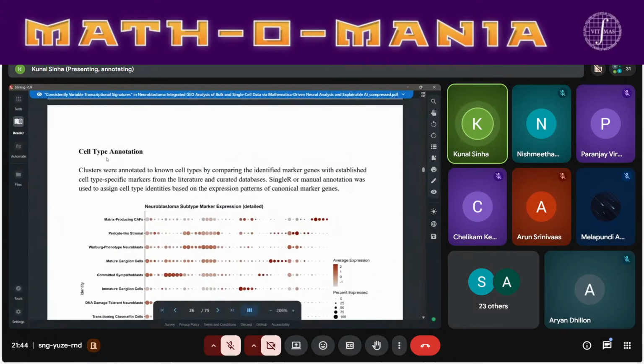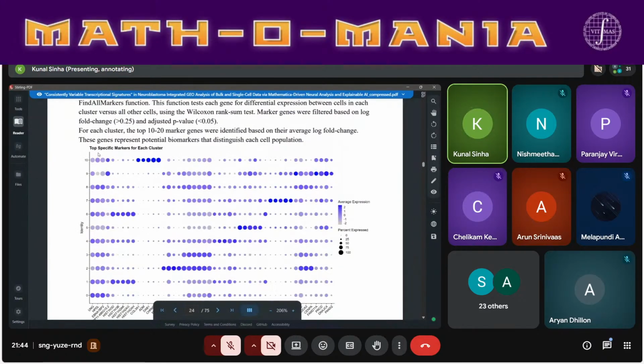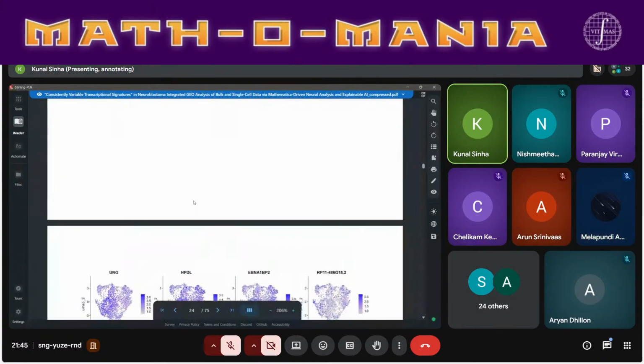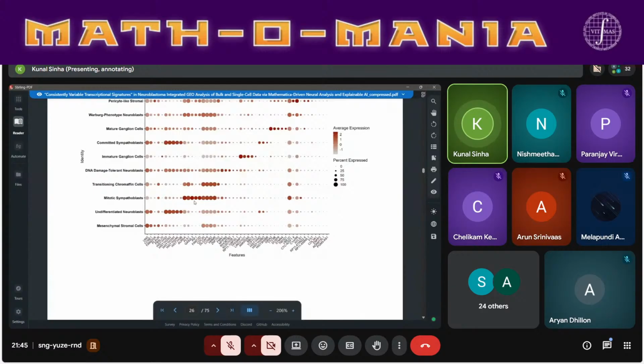Then cell type annotations. The thing is, in real life, the cells don't have numbers. Cell types are given actual names. So here also we give the names. Now, how do you determine these names? There are softwares that help you determine the cell type names based on the marker genes that you have. And if you don't want to use the software, you can do a literature survey as well.